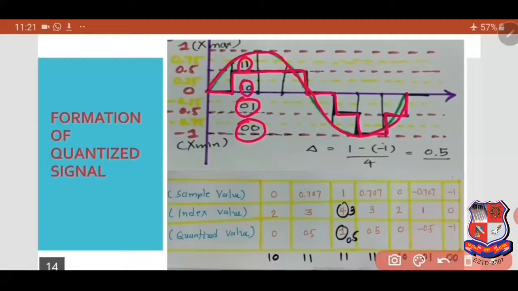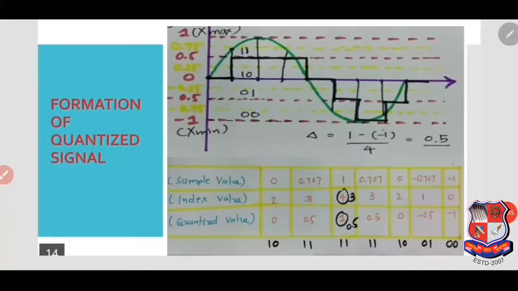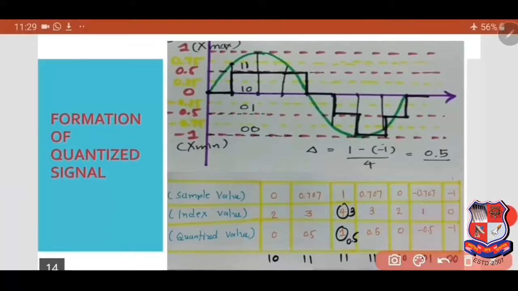Okay, so we will understand this procedure step by step. So now we can see for the sample value 0.